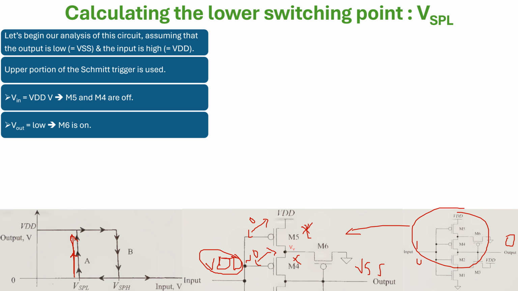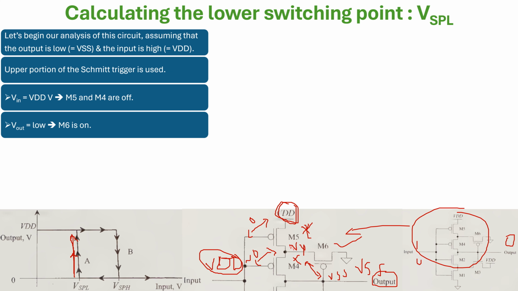Then Vout is low, correct? Because Vout is low, what is happening here? See, this VG is at VSS, and let's call this node VY. For a moment, think of VY as close to VDD. So VSG is VDD minus VSS, which is more than VTH, so naturally it is turned on.